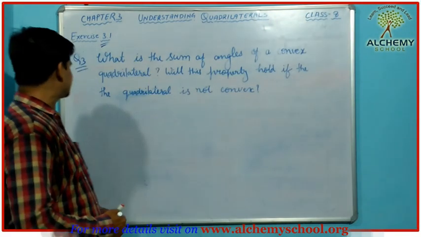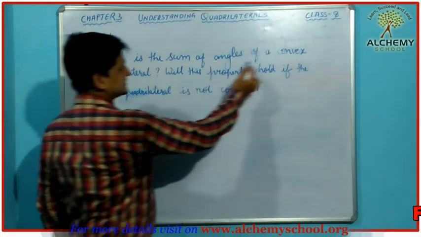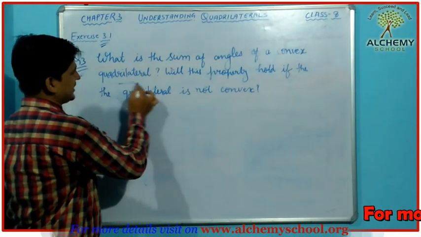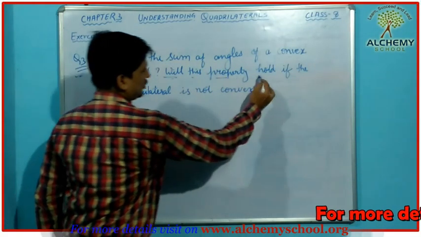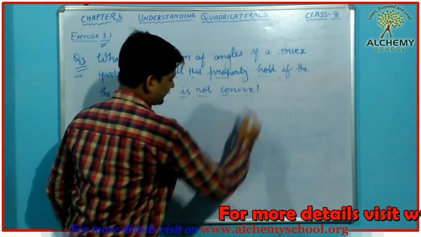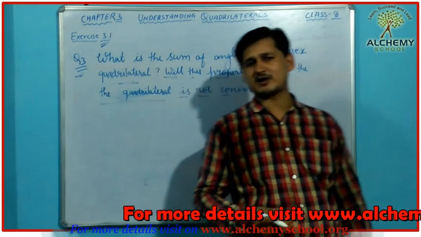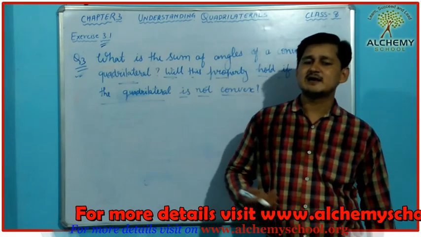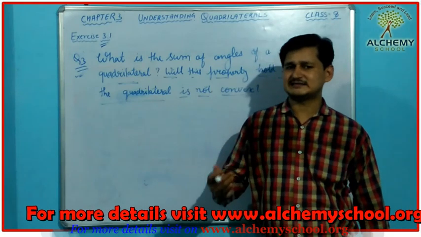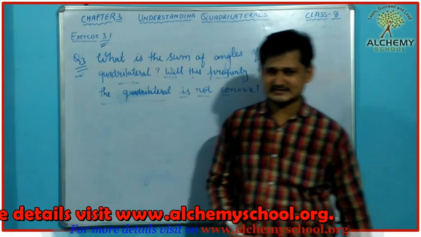Now the next question is question number 3. What is the sum of angles of a convex quadrilateral? Will this property hold if the quadrilateral is not a convex? So students, already we have discussed the sum of the angles of a quadrilateral always remains the same whether it is convex or concave, and it is 360 degree.